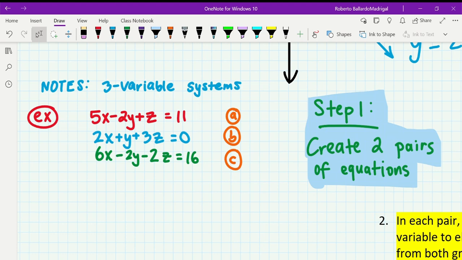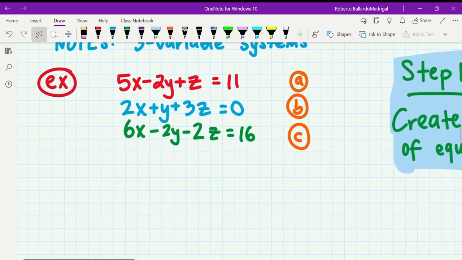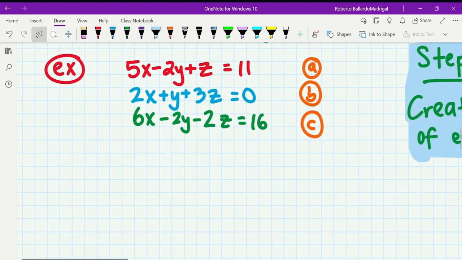So labeling them A, B, and C allows me to do the following. I'm going to pair up A and B, and then I'm going to pair up B and C. You could do A and B and A and C, but for the notes, I'm just going to do A and B, B and C. So this is how I'm going to do it, okay?